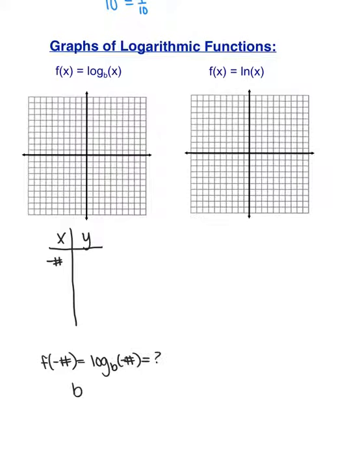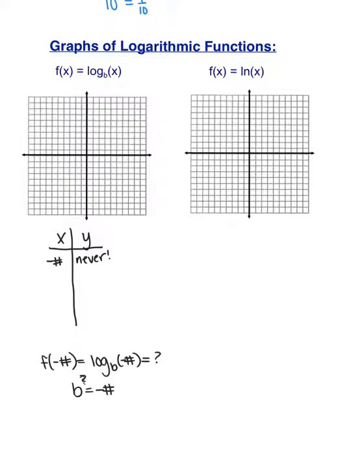Well, think about b raised to what equals a negative number. If I plug in positive exponents, they just get larger. And if I plug in negative exponents, they change into fractions. But does it ever actually equal a negative number? The answer is it never happens. There's no exponent I can plug in that would make this negative.